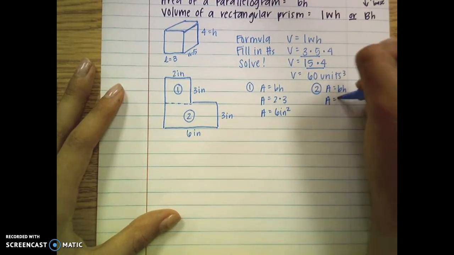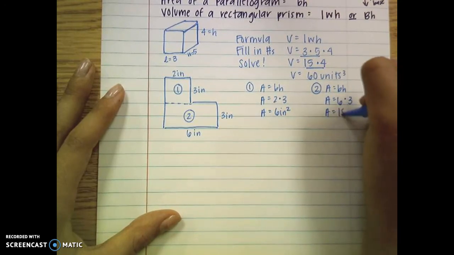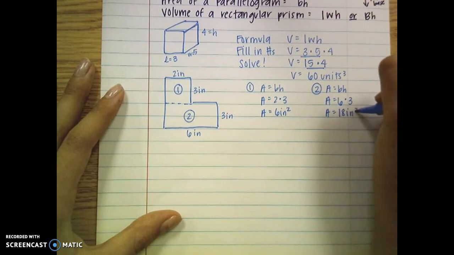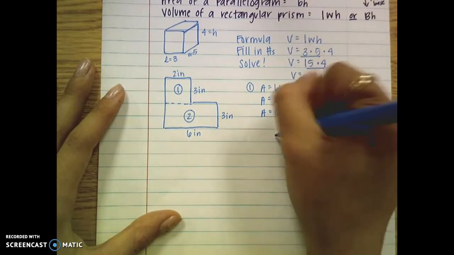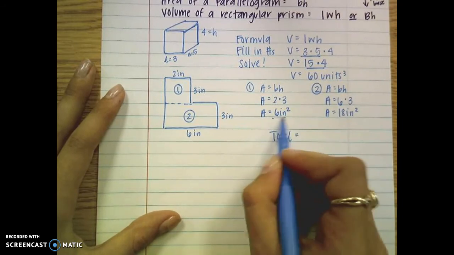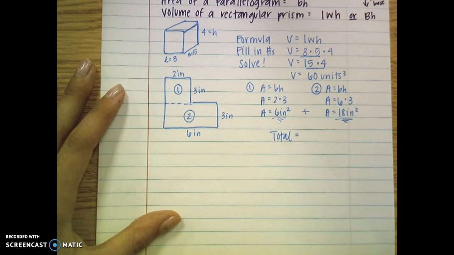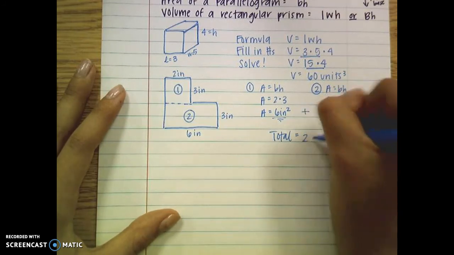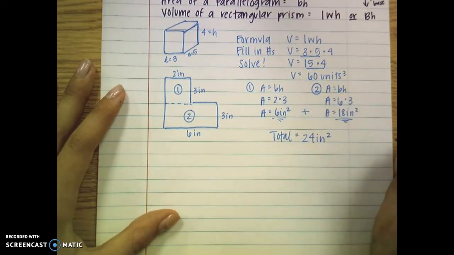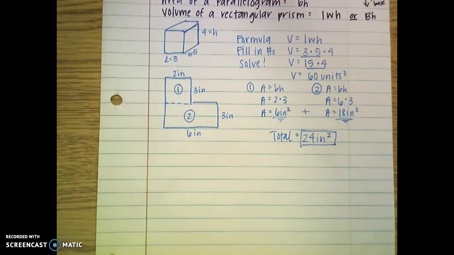Area equals 6 times 3, so the area equaled 18 inches squared. Finally, I find the total. So shape 1 plus shape 2, and I would get 24 inches squared. Again, if you need to pause this to get all that down, you can pause at any point.